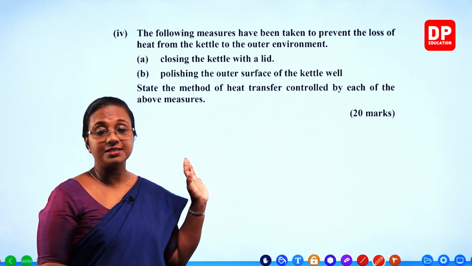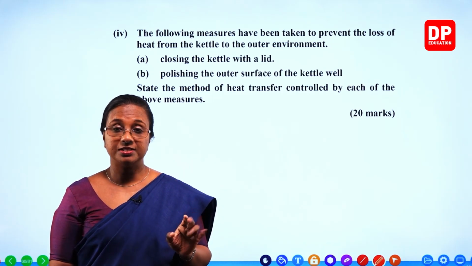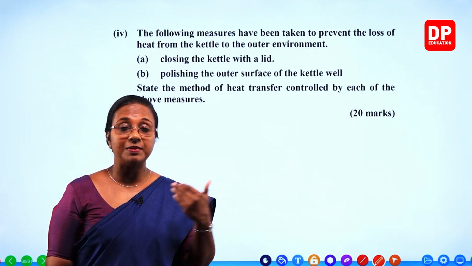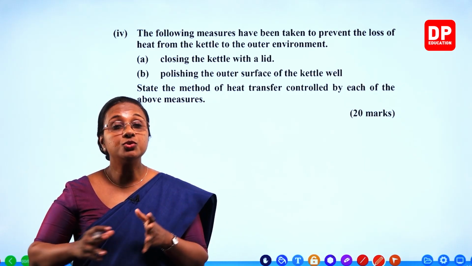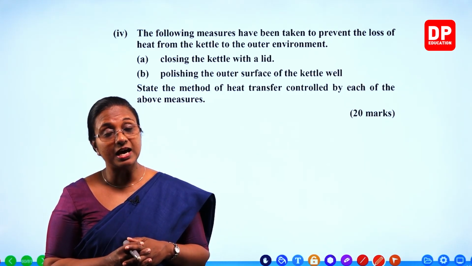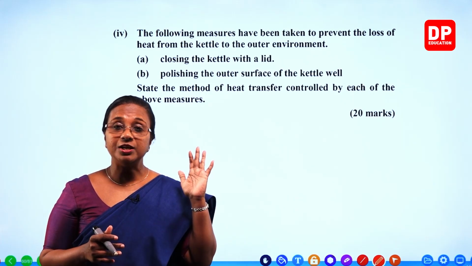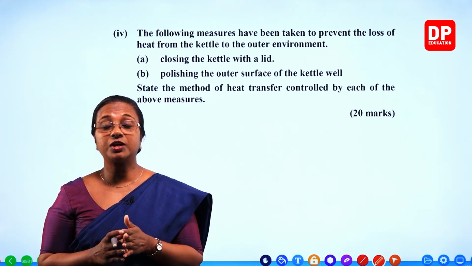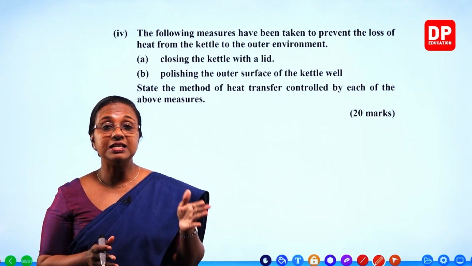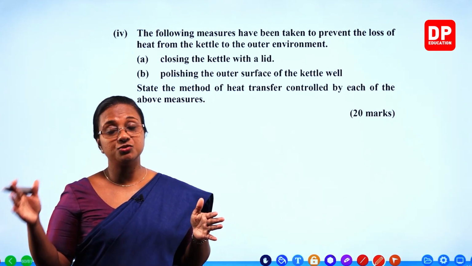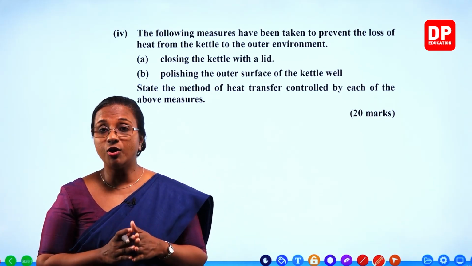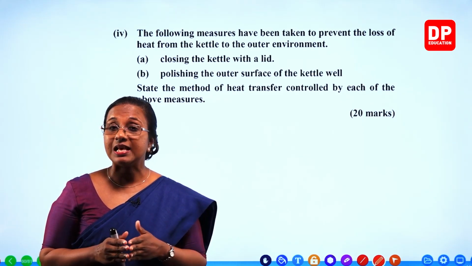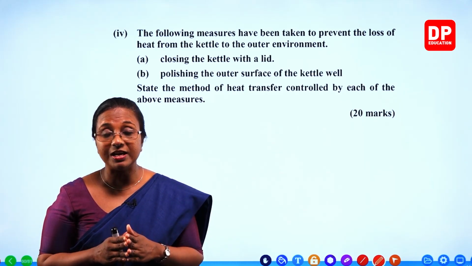So before we answer the question, now you all know, students, there are three ways in which heat is transferred from one place to the other. Through solids, it is by conduction. So there you all know, when you provide heat to one end of the solid, due to the vibration of the constituent particles, heat is transmitted from one end to the other. So there we call it conduction of heat. But in gases as well as liquids, it is convection.